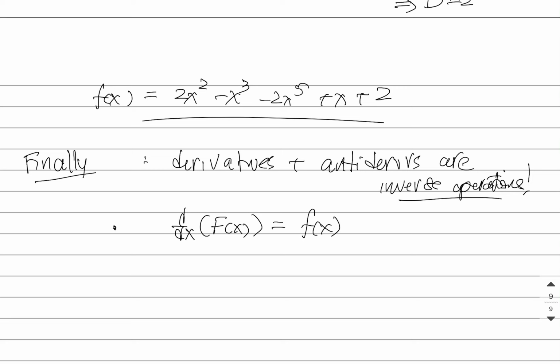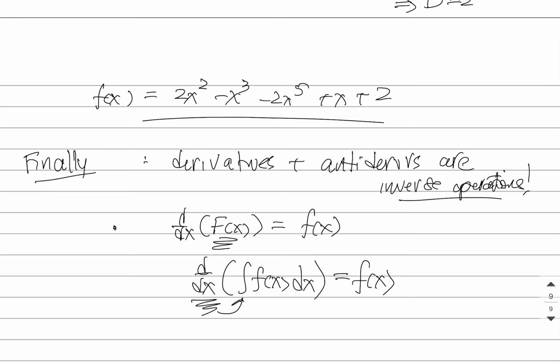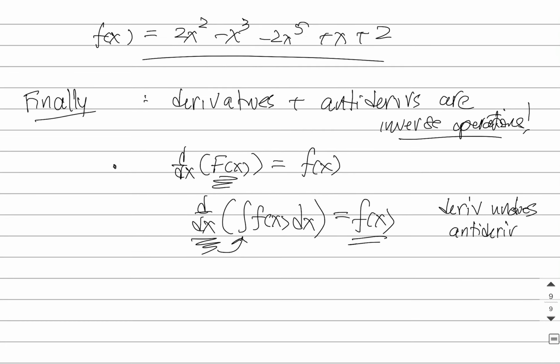And if we use our proper notation here, what we're going to find is this. The derivative applied to an antiderivative, they just go away. You get back the function you started with. So a derivative will undo an antiderivative.